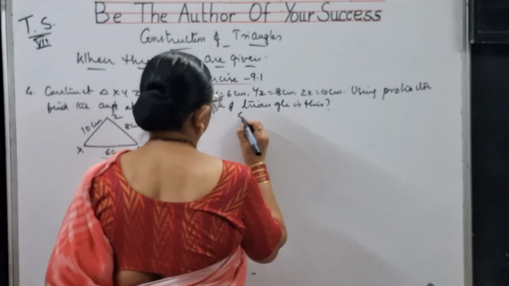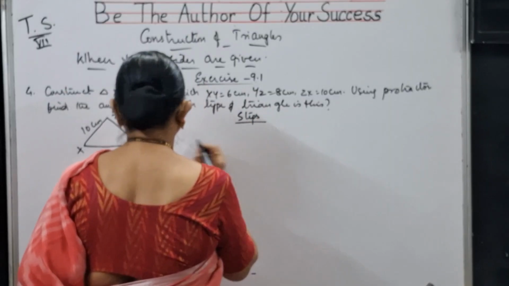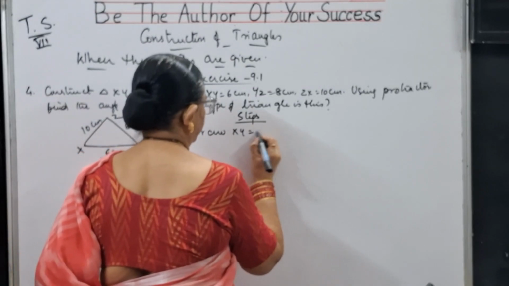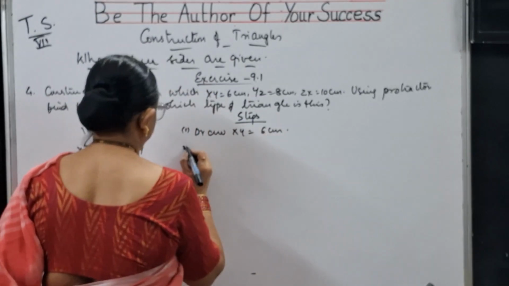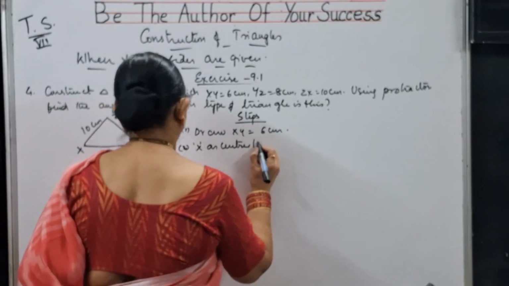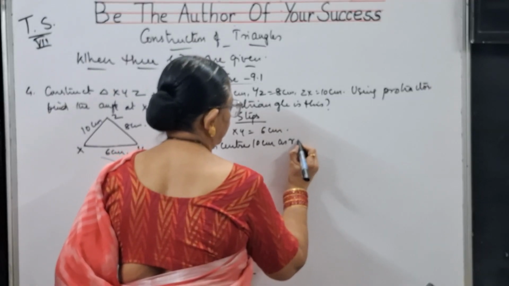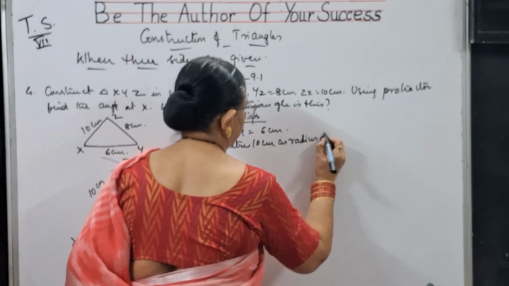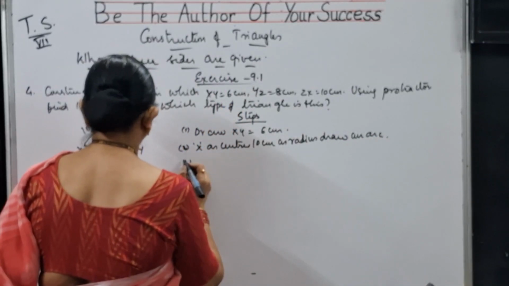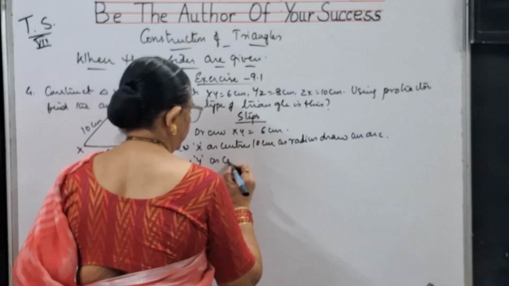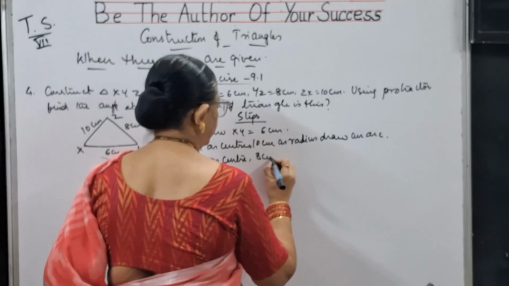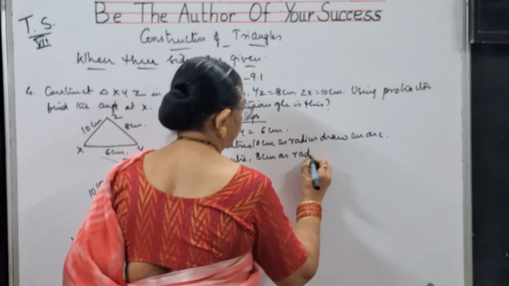So, when you are writing the steps, the first point, draw XY is equal to 6 centimeters. Second point, X as center, 10 centimeters as radius. Draw an arc. Third point, Y as center, how much? 8 centimeters as radius.